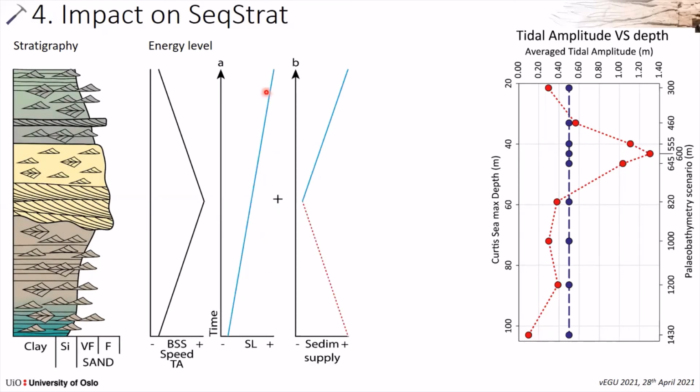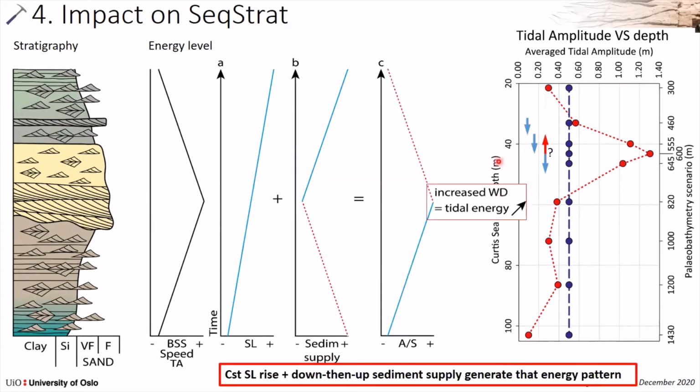If I have a constant relative sea level rise, for example, but a sediment supply that first diminishes and then increases again, I will basically increase my water depth, meaning I can enter this tidal amplification window again and then exit it.